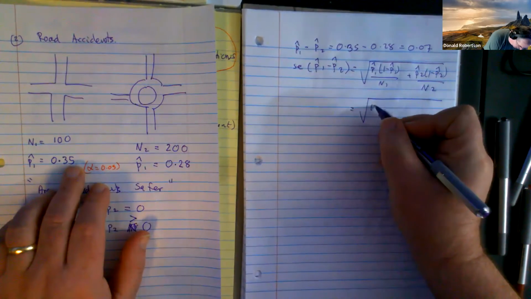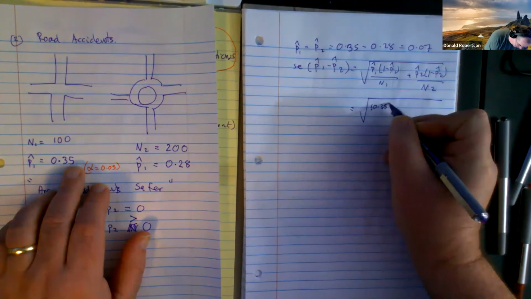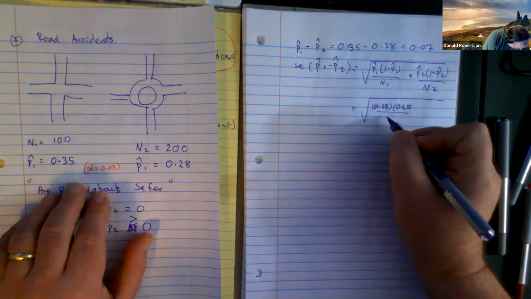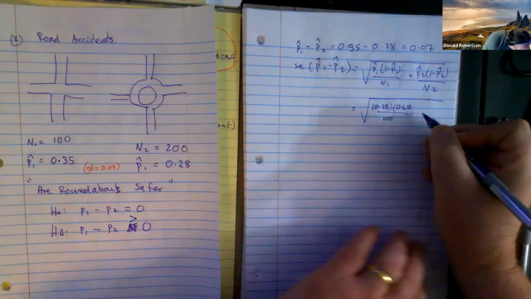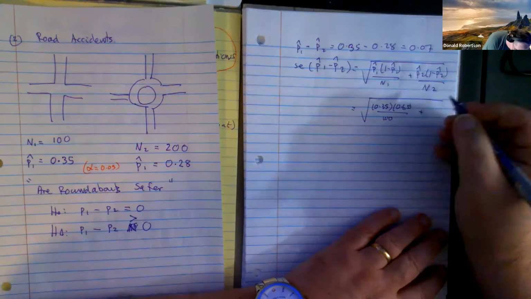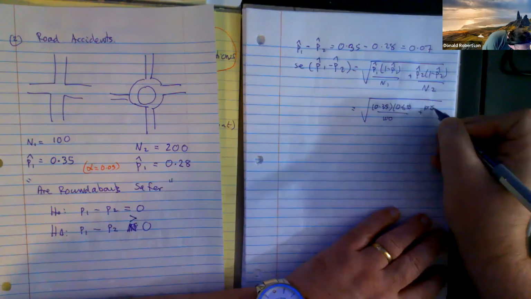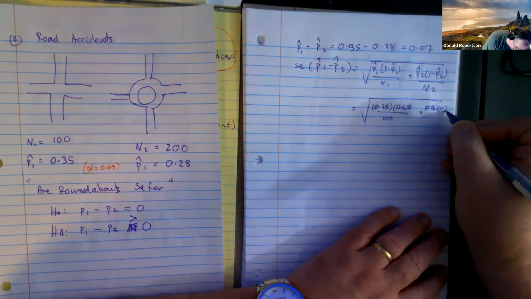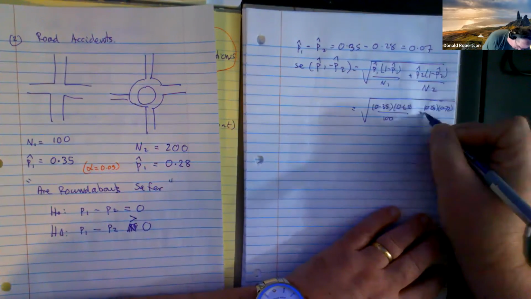In this case, it's 35, 65 over 100, and 28, 72, over 200.